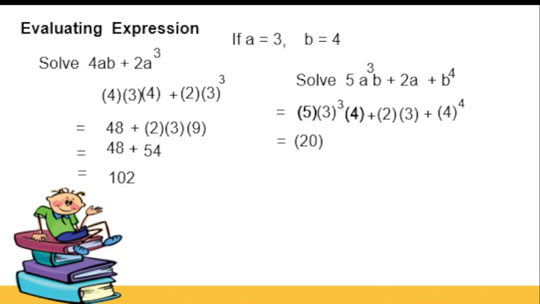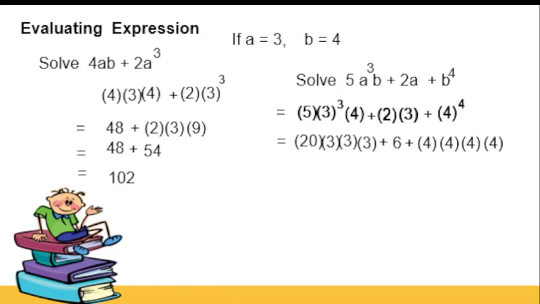And then the expanded form of 3 raised to the 3rd power is equals to 3 times 3 times 3, plus the product of 2 times 3 is equals to 6, plus the expanded form of 4 raised to the 4th power, that will become 4 times 4 times 4 times 4.